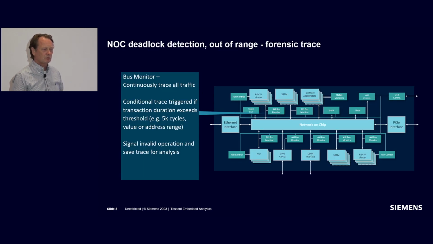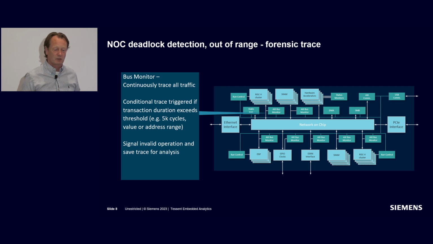One example is when you are using the bus monitor to look for a deadlock or hang conditions in a system, where a transaction starts but never completes, or doesn't complete in a certain time frame. The way we can use the bus monitor in this case is to configure it at runtime to look for transactions completing within a certain time frame.